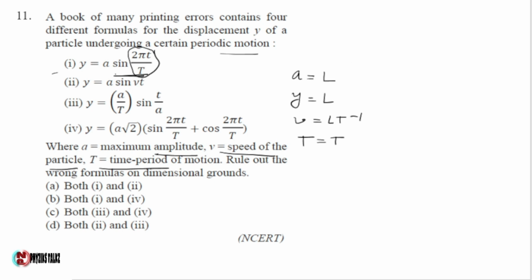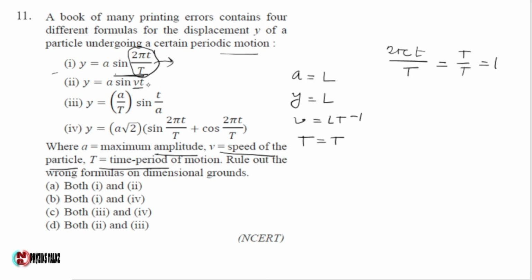Now we have to check all the thetas here if they are dimensionless or not. Now for the first option, 2 pi t divided by T is T by T equals 1. So it is the dimensionless one.